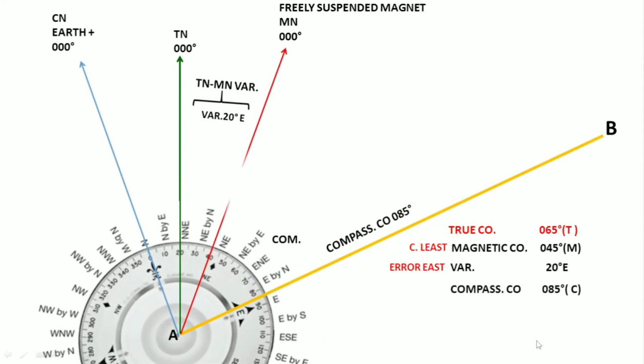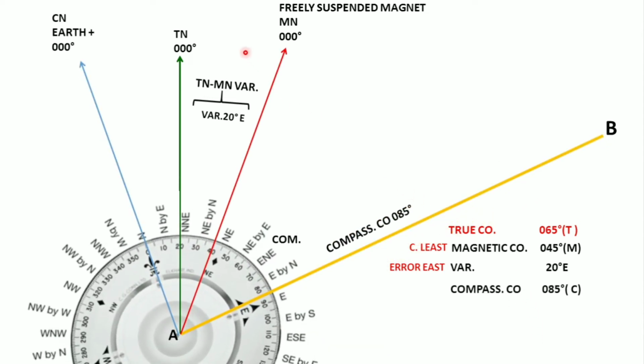If the same thing was read by the compass, now the compass north is to the west of magnetic north, and the reading is 005 here. The angle between magnetic and compass is called deviation. The deviation would be westerly because compass north is to the west, and the value is 40 degrees here.